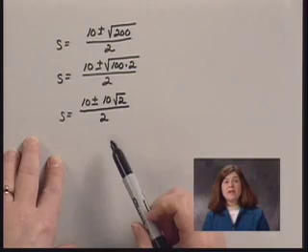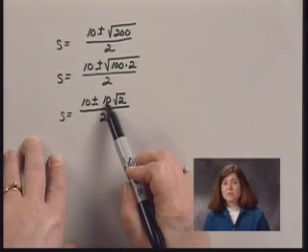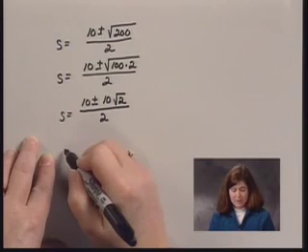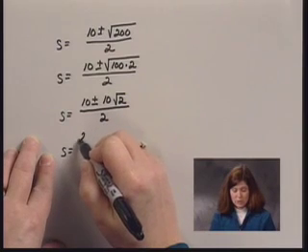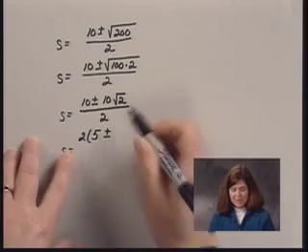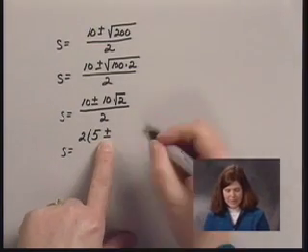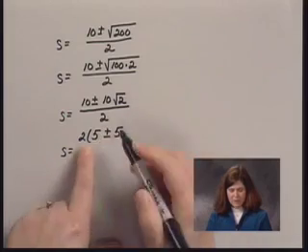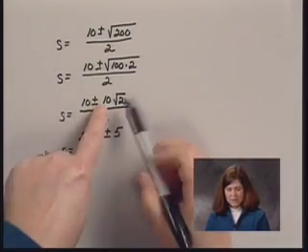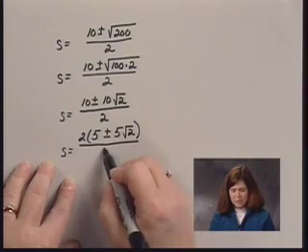Now, since I can factor a 2 out of both the 10 here and the 10 here, I will be able to simplify again. I can write that as 2 times 5 plus or minus 5 times the square root of 2, and here the plus or minus sign works just like a plus sign or a minus sign would. I factored a 2 out of this term and out of this term, and all that's divided by 2.